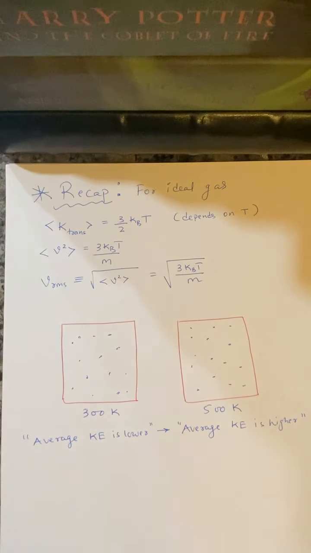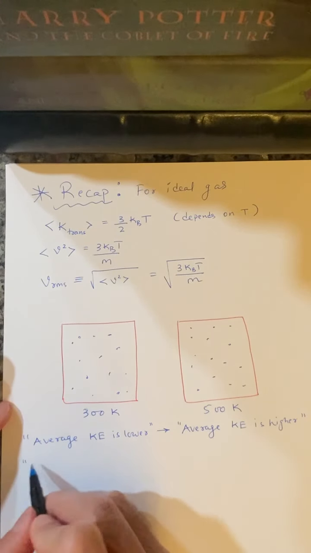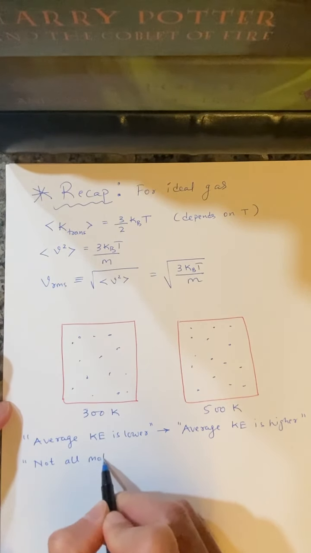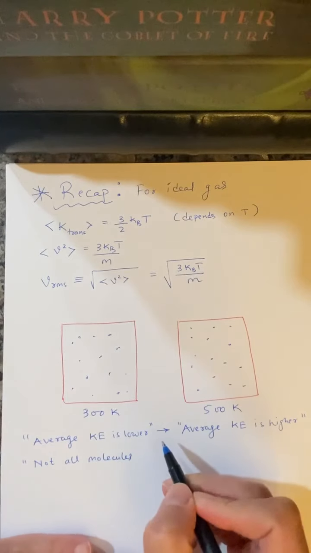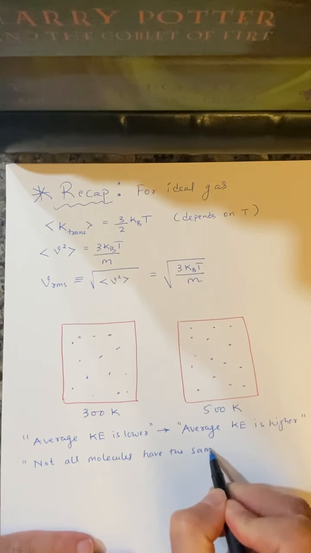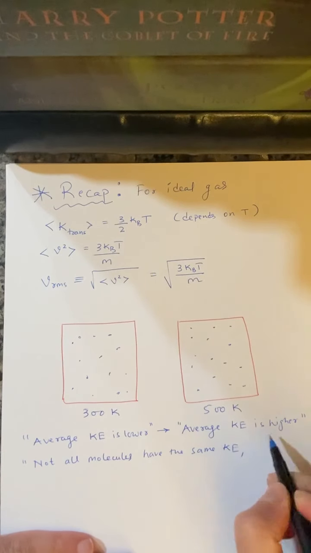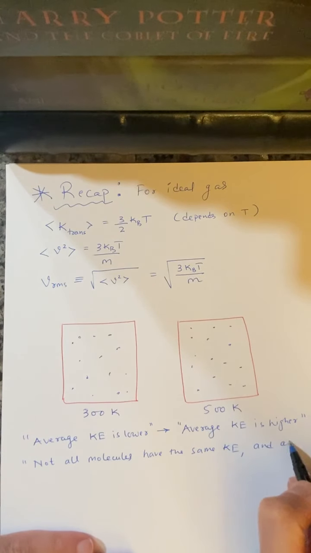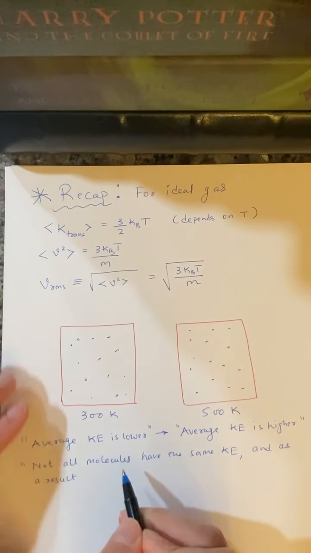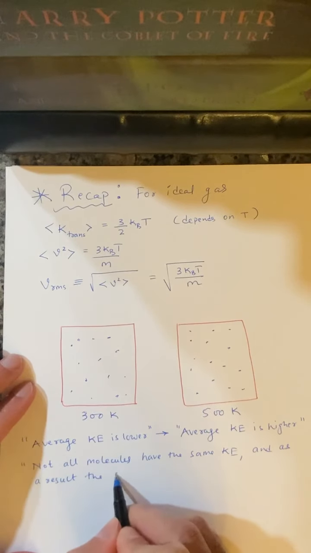The point I'm trying to make here is, again, not all molecules have the same kinetic energy and, as a result, the same velocity. Think about this. Not all molecules in any of these containers at a given time have the same kinetic energy, and as a result the same velocity. It is not possible.